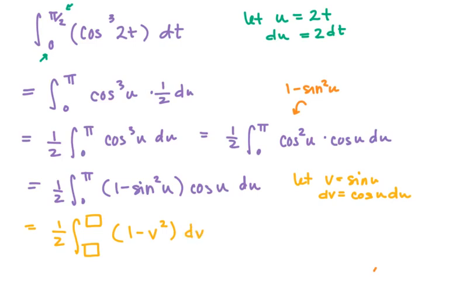So if I look at changing my bounds, and I say, well, what happens when I plug u equals 0 and u equals pi? v equals the sine of 0 and v equals the sine of pi. Both of those are 0. So my bounds, 0 minus 0, this is a 0 width interval for my integral.